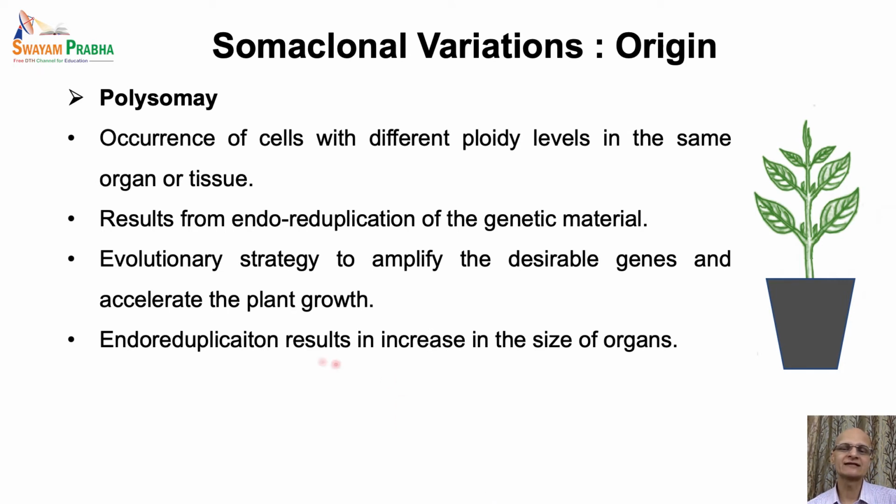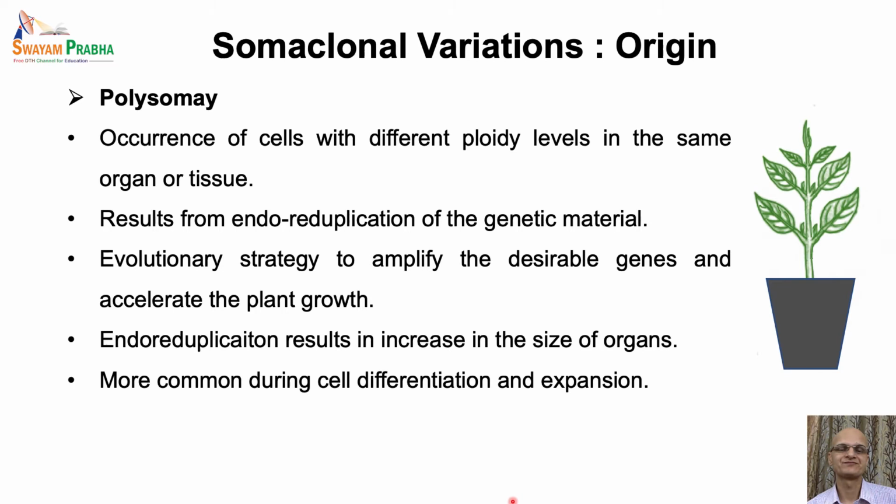Endoreduplication usually results in an increase in the size of the tissues or organs. However, the signals necessary to change the classical cell cycle to endoreduplication are still not clear.